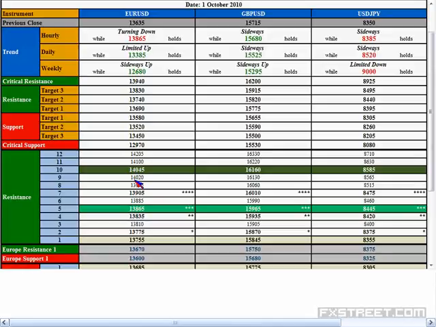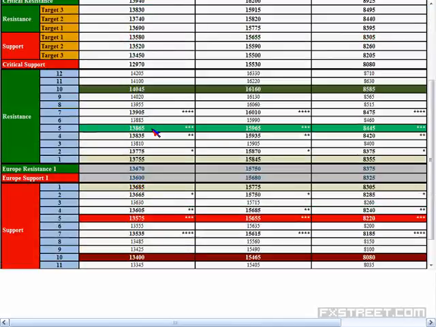If not, then we have to wait for the price to move higher, and wait for the market to reverse or go short near 138.65. So that would be our trade strategy and our approach on this market.